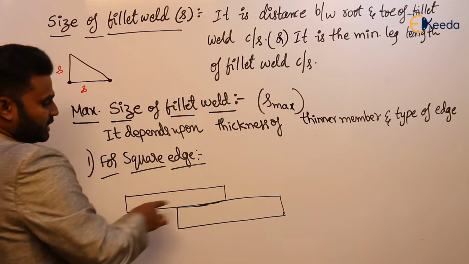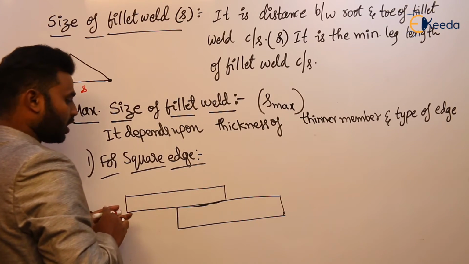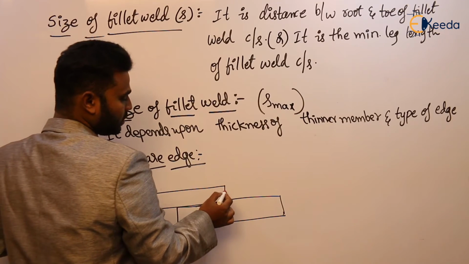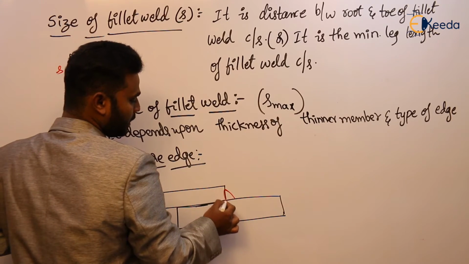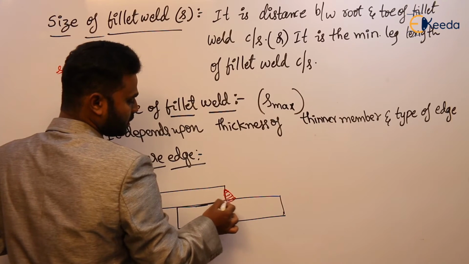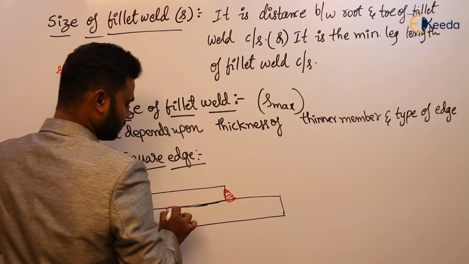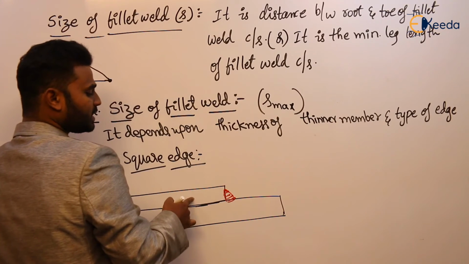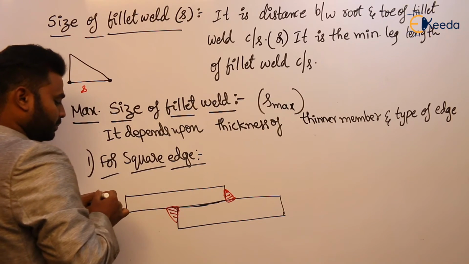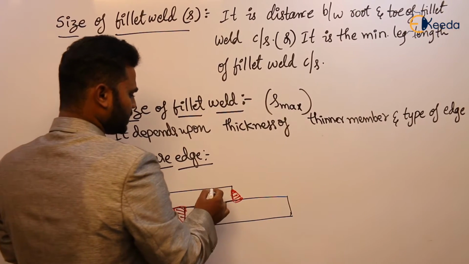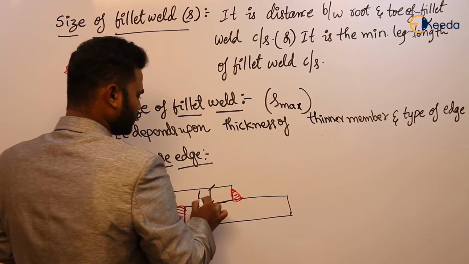So these are square edges, or sharp edges, you can say. Here we have to do the fillet weld for connecting these two members. This is the cross section of the fillet weld. Out of these two plates, this plate has the minimum thickness, which is T.